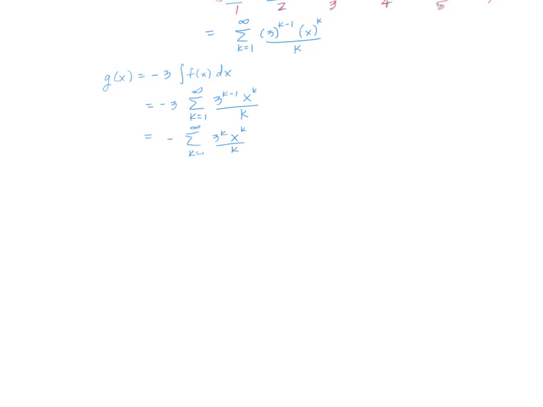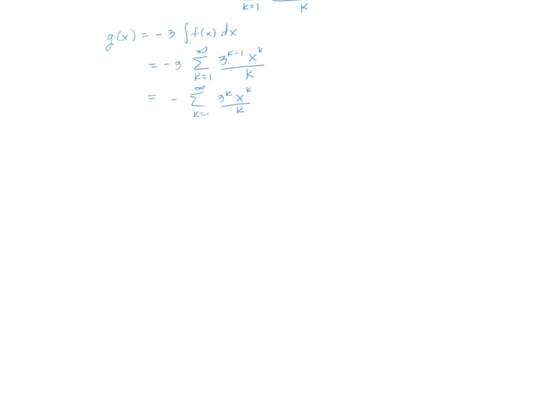I'm only doing this because it looks like it simplifies as the negative series from 1 to infinity of (3x) to the k power over k. Notice in my original series, if I had just integrated the series (3x) to the k, I would have gotten (3x) to the k plus 1 over k plus 1, which is very similar except there's no negative, and I'm a little off with my index.